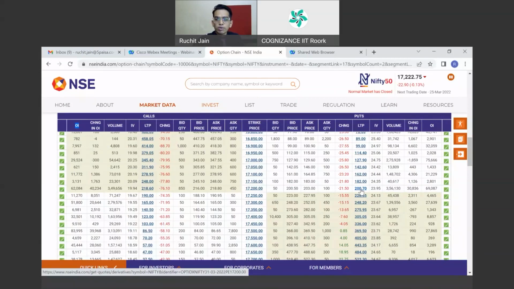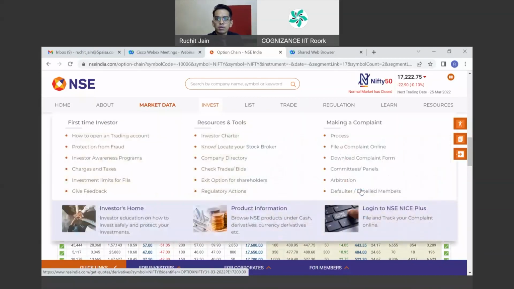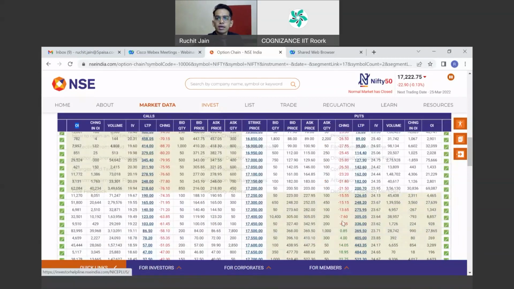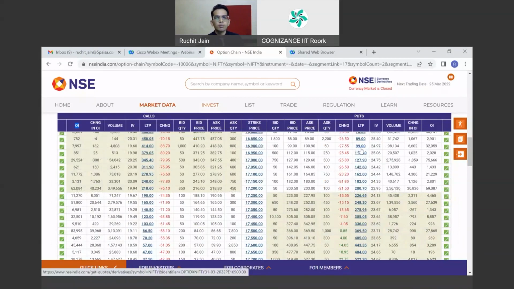So today you can see this option, the 16,900 put option, trading at a 100 rupees premium. It means if you are bearish, if you think that the market will go to 16,900 or below before expiry, then you should buy the 16,900 put option, because there you have to pay only 5,000 rupees premium. What would happen if the market goes down?